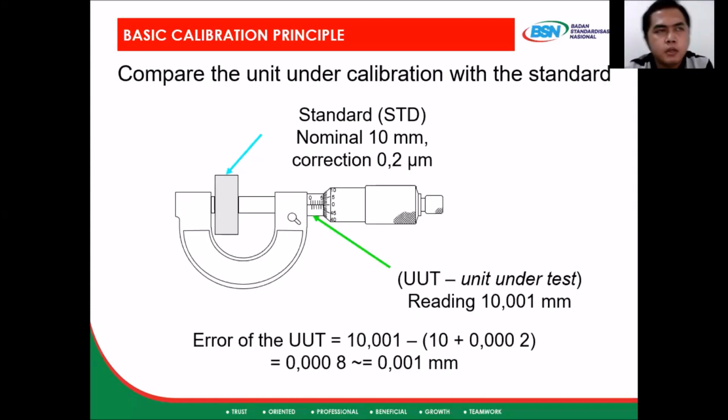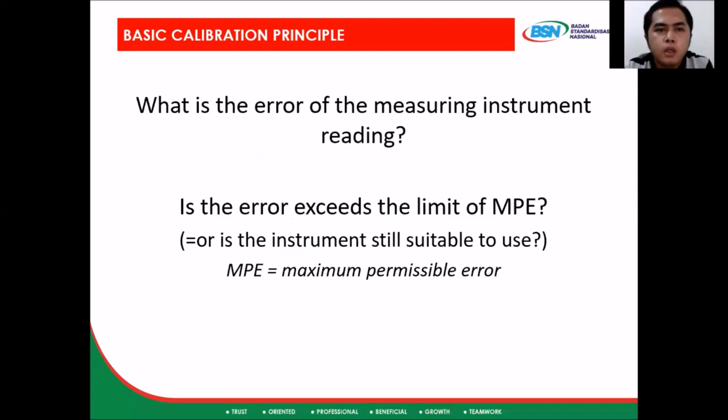So the calibration means to know what is the error of the measurement instrument reading. Does the error exceed the limit of MPE, or maximum permissible error, or is the instrument still suitable to use?